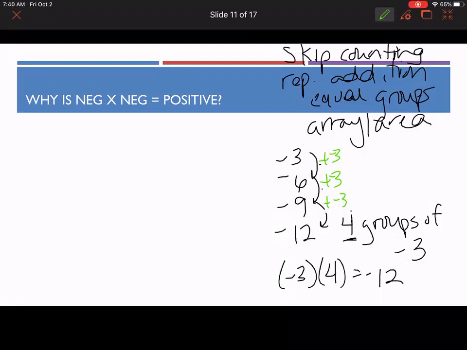But this idea of a negative times a negative, negative amounts, is tricky, because I don't think there's a real life explanation or example of this idea. And so when we get into this kind of abstract mathematics, it's hard to conceptualize, because now this is the debate between, is math discovered or invented?